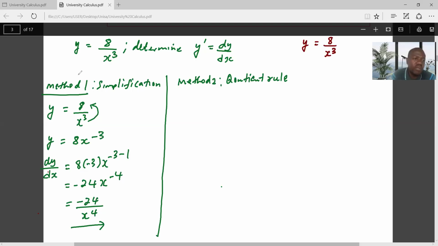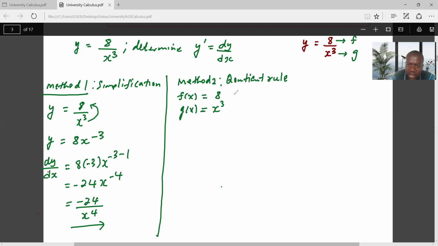What do you do? We have the f at the numerator. This is the f, and this is the g. So what is our f? Our f of x is 8. And our g of x, which is the denominator, is x cubed.